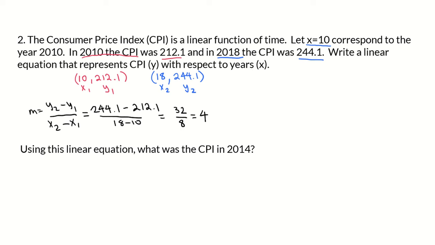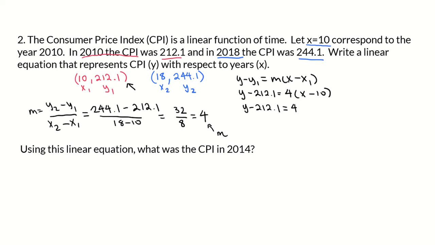So now we use that information in the formula y minus y1 equals m times (x minus x1), where (x1, y1) is still this point, and m is our slope of 4. In this equation, that would be y minus 212.1 equals 4 times (x minus 10). Simplifying this, y minus 212.1 equals 4x minus 40, because we distribute the 4.